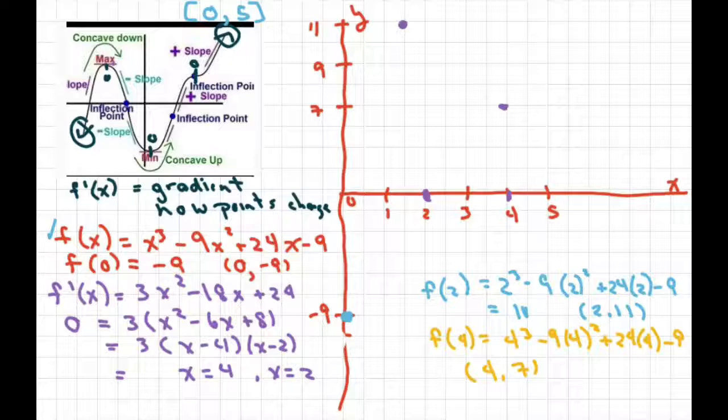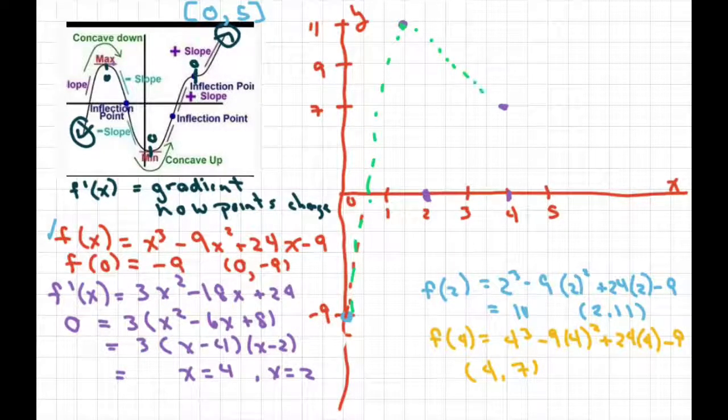Now, based off the knowledge that we only have 2 turning points, your graph is going to be starting here. So your graph's going to go something like this. This is going to be your maximum up here.